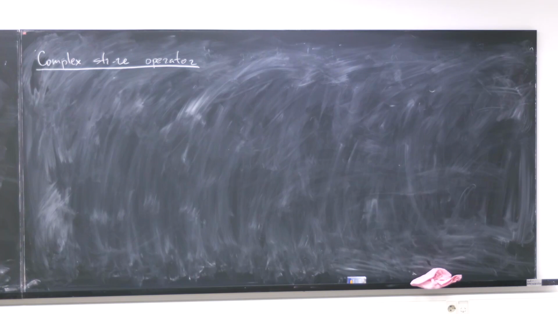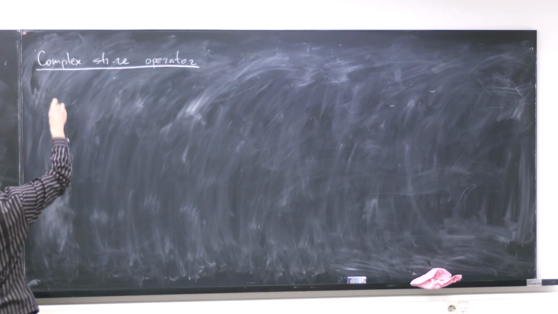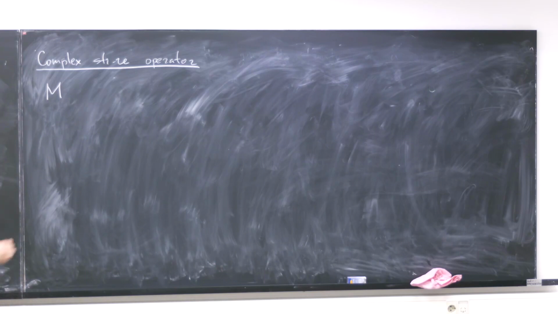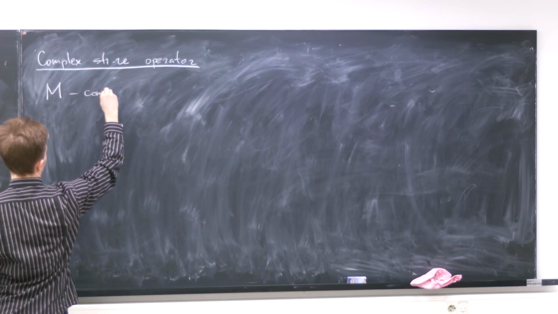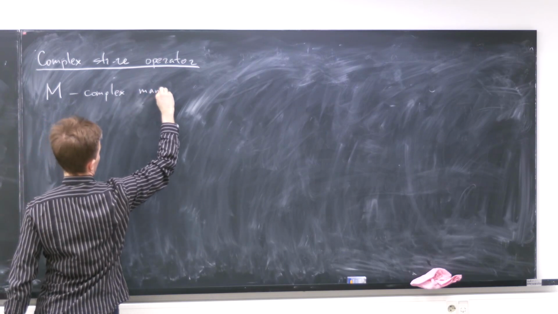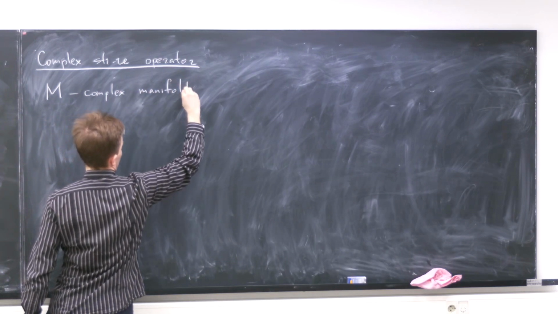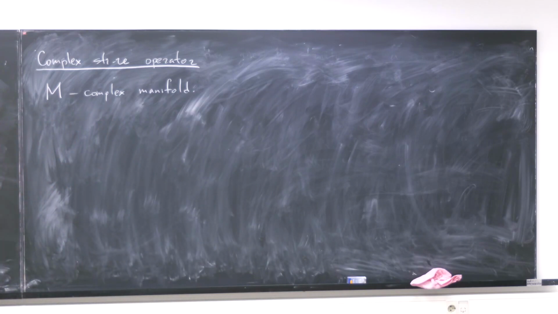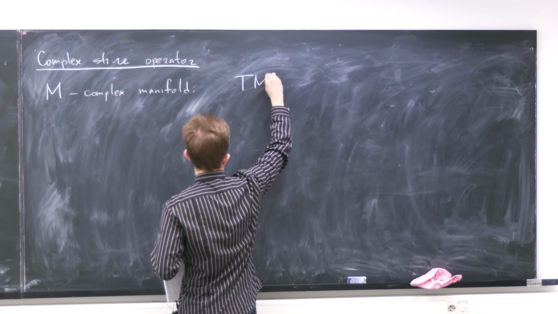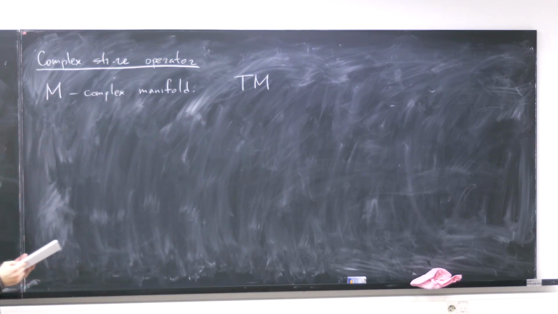So if we have our manifold M, then this M is a complex manifold. So then it is in particular a real manifold of dimension twice the complex dimension of M, and we have the real tangent bundle of M, which I will denote like this.